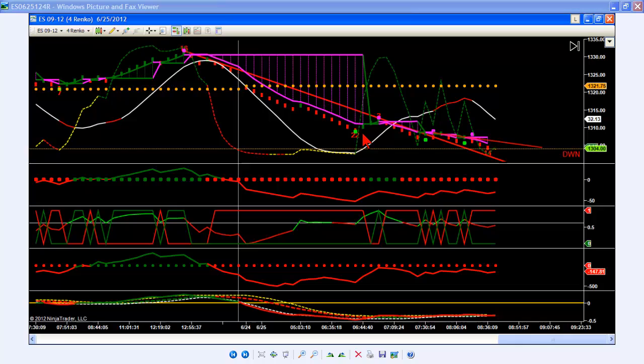It doesn't change until it puts in an up trend line between 2 of the green turning points, and they have to be higher than each other in order for it to put in a trend line to the upside.